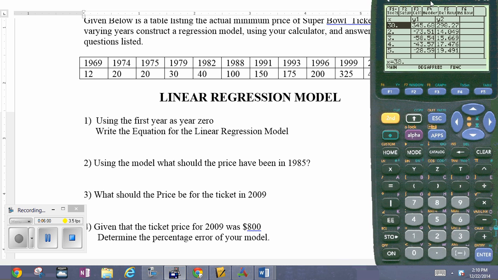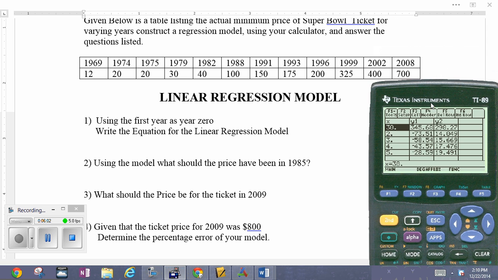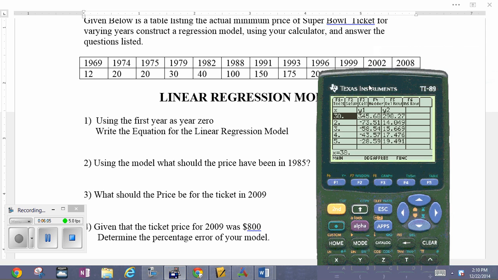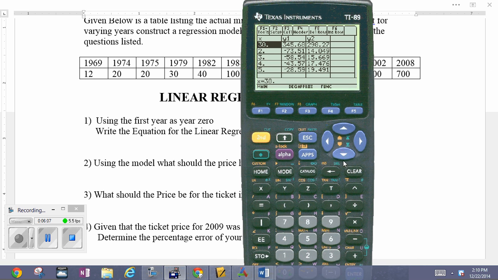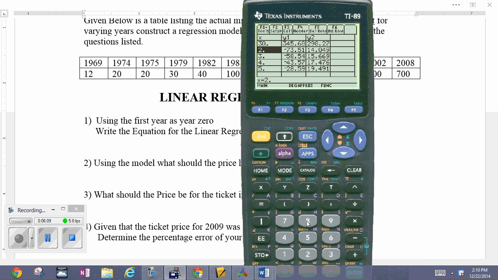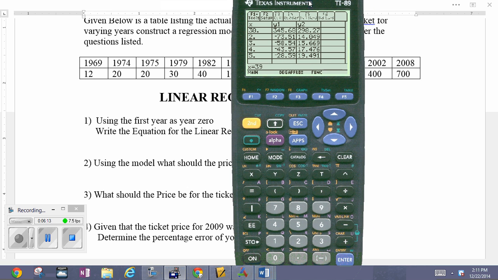The exponential has it going a little lower. 2008 was our 39th year. In our 39th year, the pricing by the linear model was 480, and by the exponential model was 796.